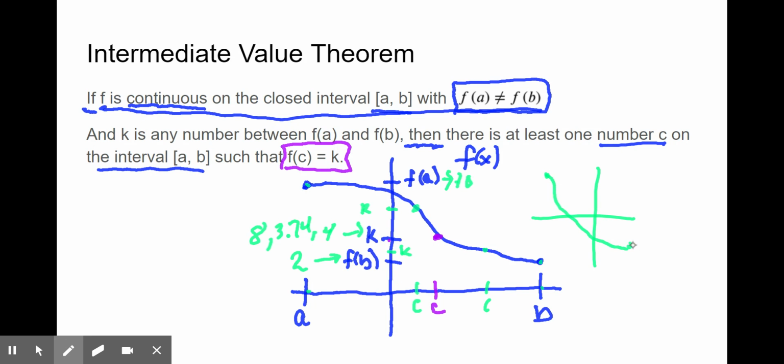But the intermediate value theorem says something stronger than that. It says, yeah, you're going to go through the x-axis, but you're also going to go through all these other y values between these 2 points. Not just the x-axis, not just 0, but the x-axis is a nice place to look at because you can see it on the graph. Okay? That's what the intermediate value theorem says.